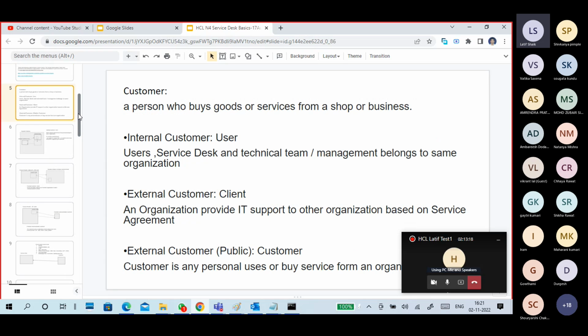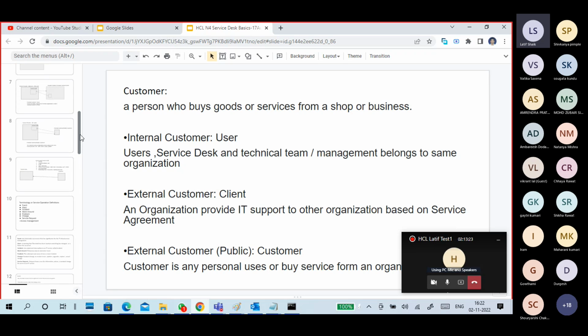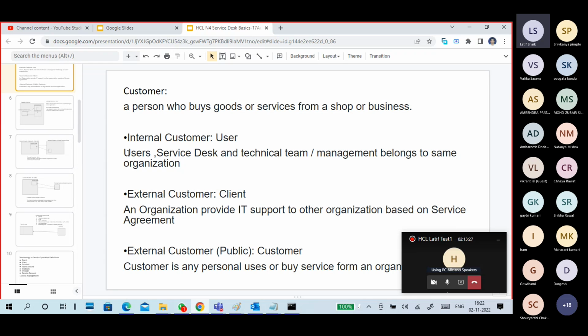There are different types of customers: internal customers, external customers, and public-based customers. An internal customer means the service provider, service desk, and users are all in the same organization. For example, I'm working in my office and I'm not getting internet, so I'll ask my company's service desk people.